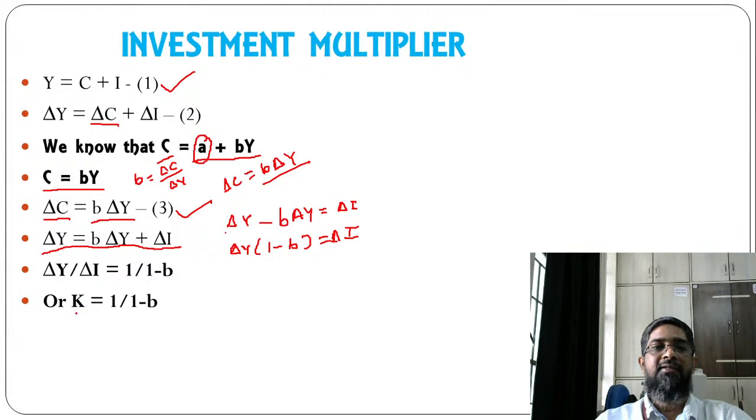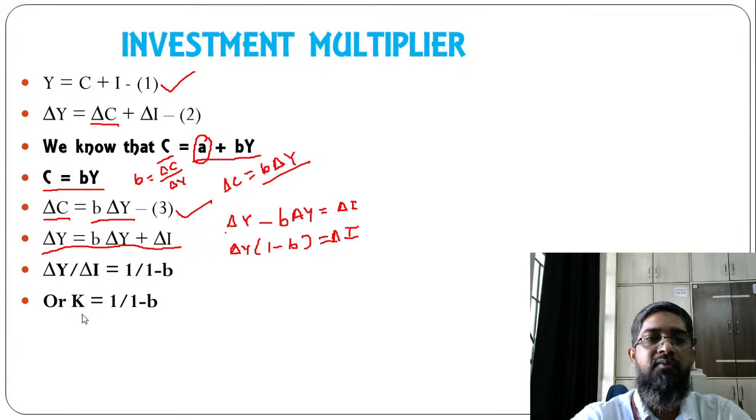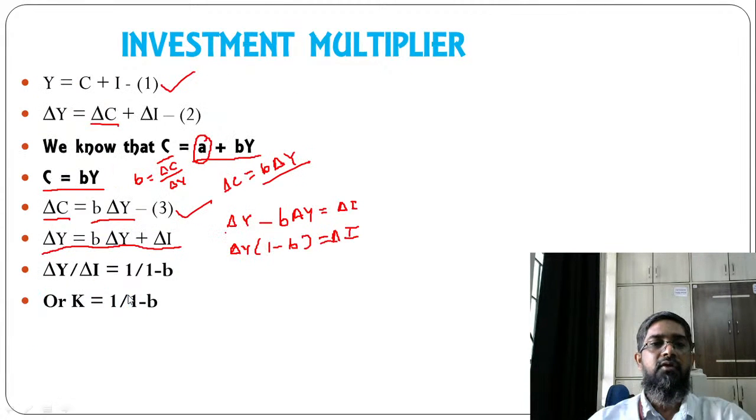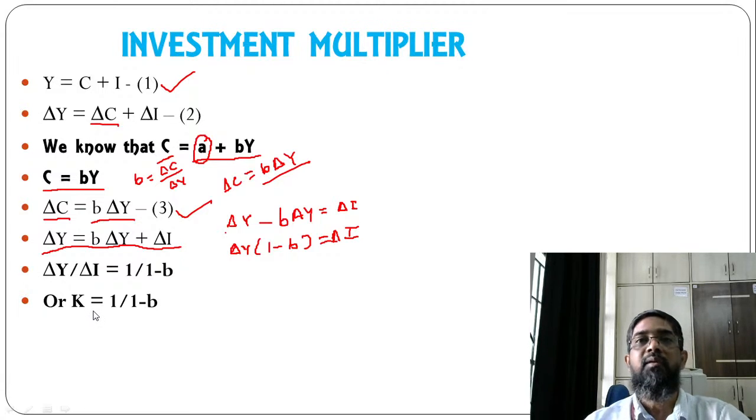As I told you in the previous slide, this k is delta Y upon delta I. So k can be calculated as 1 upon 1 minus b. The investment multiplier can be calculated by this formula.